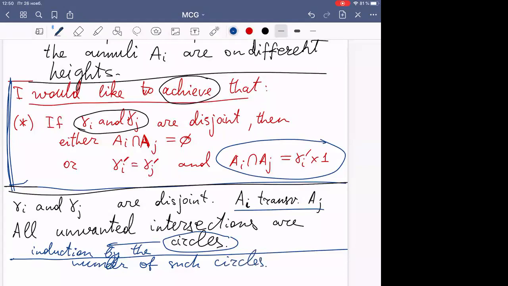We would like to decrease the number of such unwanted intersections step by step, and then achieve that the two annuli are disjoint.